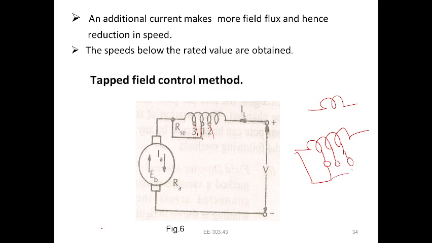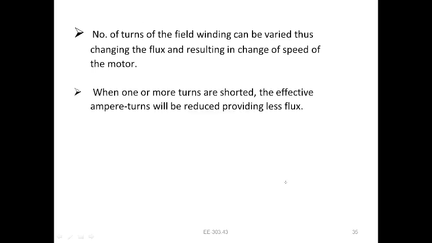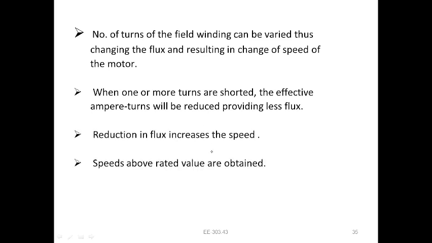The number of turns of the field can be varied, thus changing the flux and resulting in a change of speed. When one or more turns are shorted, the effective ampere turns reduce, providing less flux. Reduction of flux increases the speed.